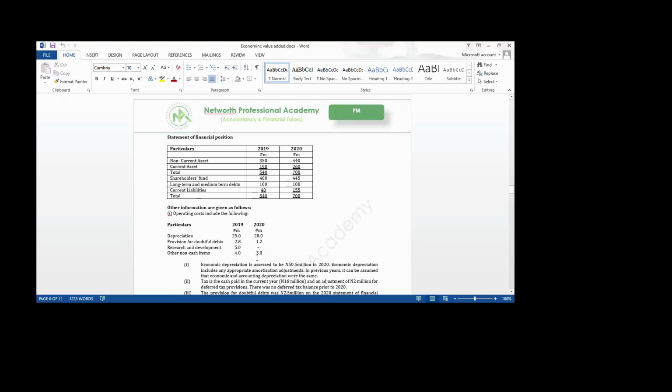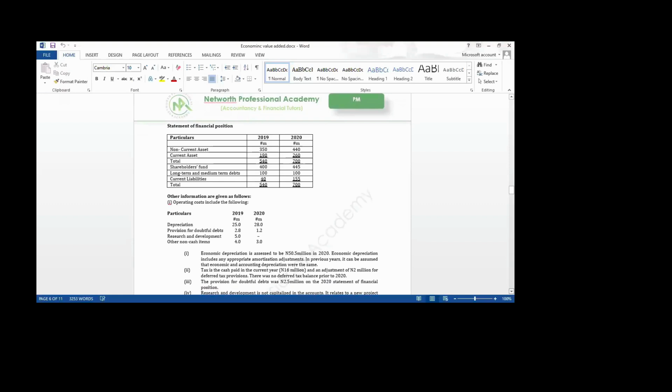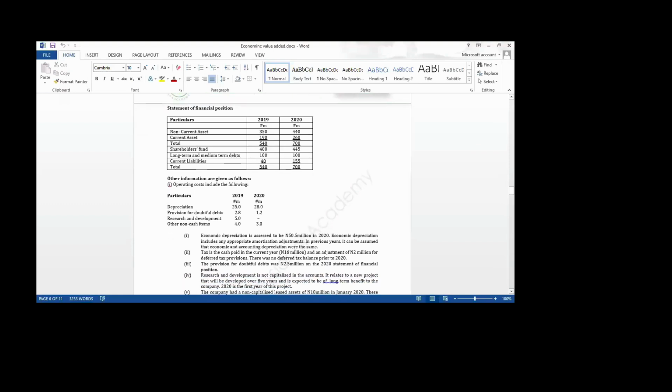Look at non-cash items. Note number 2. Economic depreciation is assessed to be 50.5 million. Economic depreciation includes an appropriate amortization adjustment.